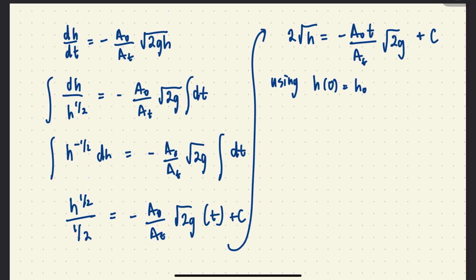So what will happen is we'll substitute h sub o. So this will be 2 square root of h sub o is equal to, so this will just be zeroed out.